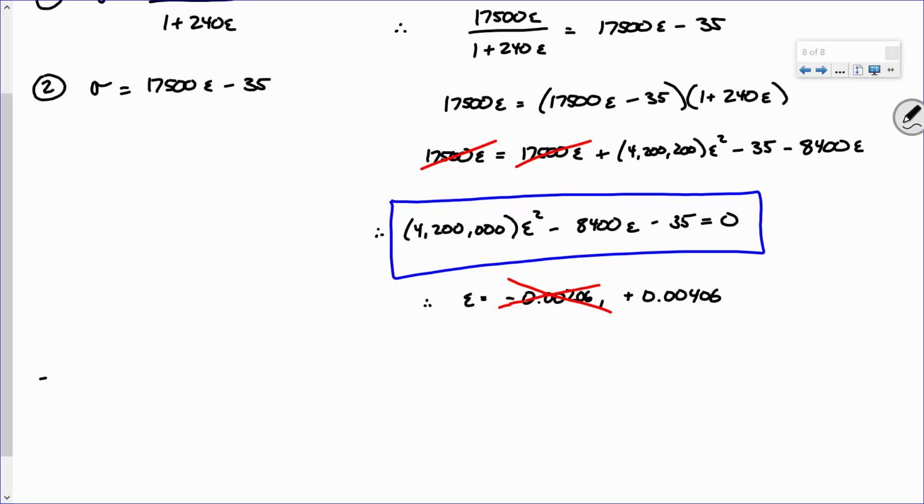So I'll say plugging in. And what does that come out to be? $36.05?